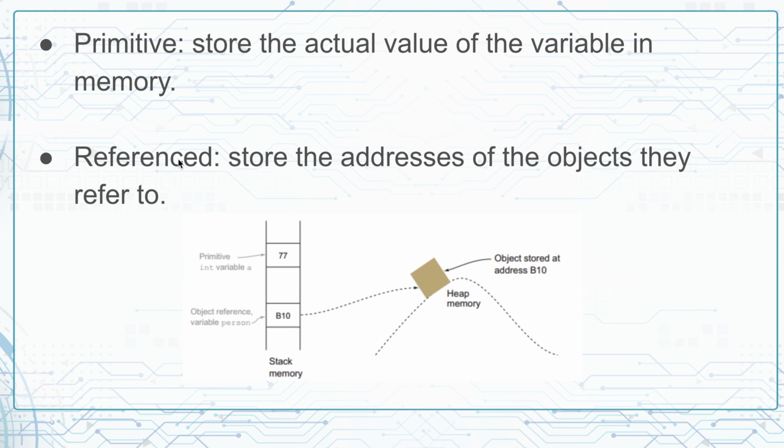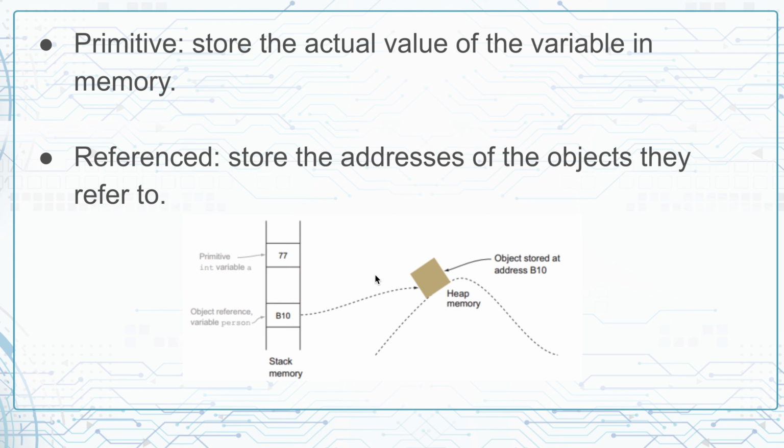On the other hand, the reference types store the address of the object they refer to. So if you instantiate an object inside your code, the address for this object is going to be saved in the memory stack. The object itself will be saved in the heap memory.